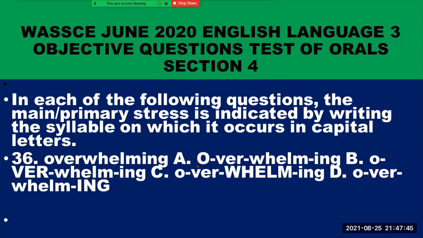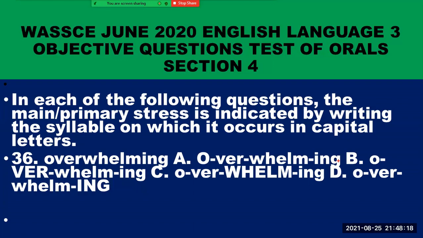Okay, A, "overwhelming". Well, people don't speak like that. So A is out of it. B, "overwhelming". Well, that again bastardizes the sound. Stress is the extra force used when pronouncing a word or a syllable.